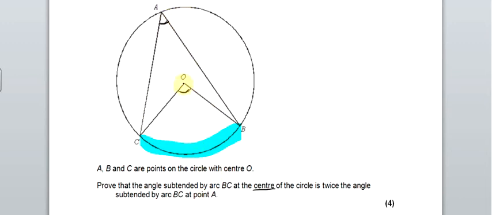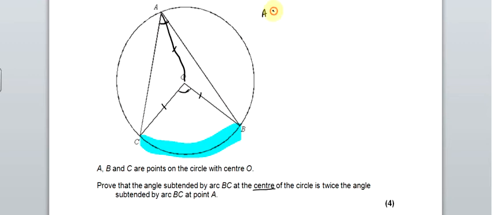Well, first we're going to have to use the properties of triangles and circles. So the first thing I'm going to do is draw in a line here. This is often a good move in circle problems. This line here is a radius, which means it's the same size as all the other radii.